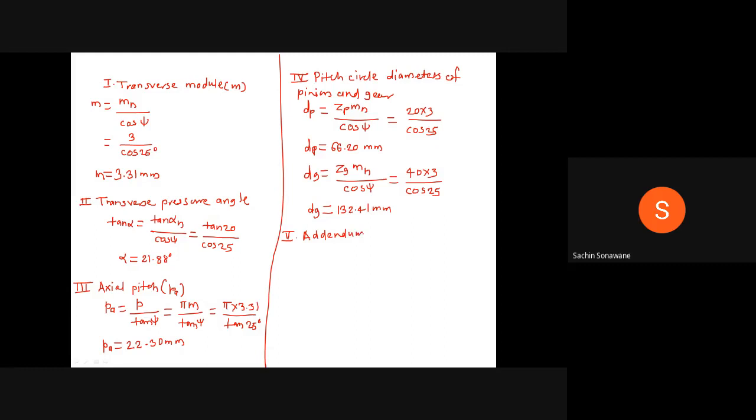Therefore, the addendum circle diameter DA is given by Mn into bracket ZP upon cos psi plus 2, which is equal to 3 into bracket 20 upon cos 25 plus 2.